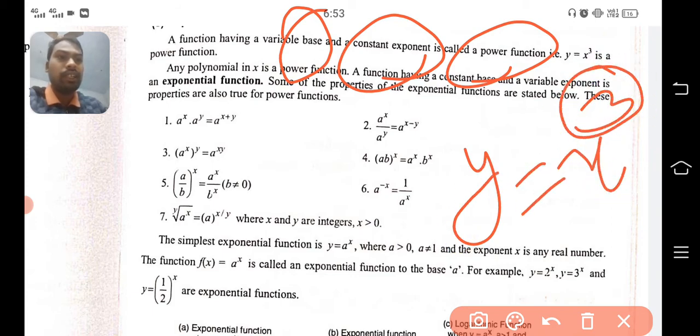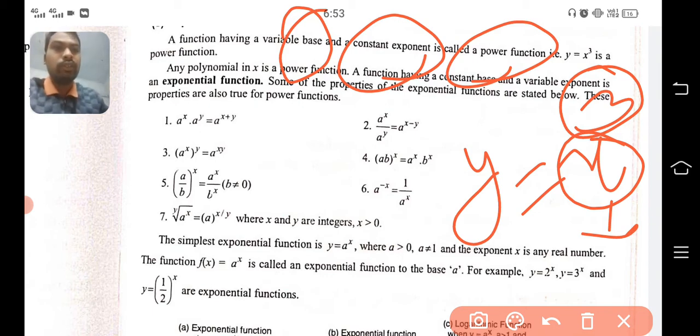Here 3 is the exponent and x is the base, and the base is the variable. It means we can take any value of x, but we cannot change the value of the exponent, which is constant.